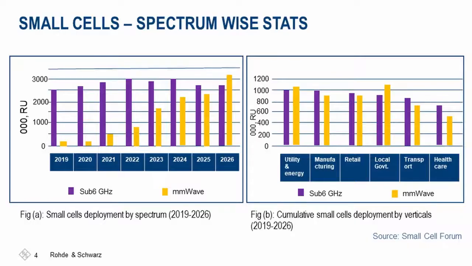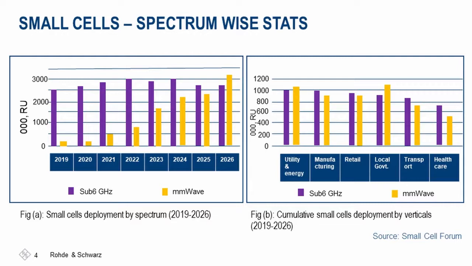Next, looking at the statistics of the small cells deployment by spectrum wise, you see currently FR1 is the dominant deployment scenario. And moving on from 2022-23 onwards, you can see the millimeter wave small cell deployment getting increased until 2026, maybe where the FR1 and FR2 deployments will be at par.